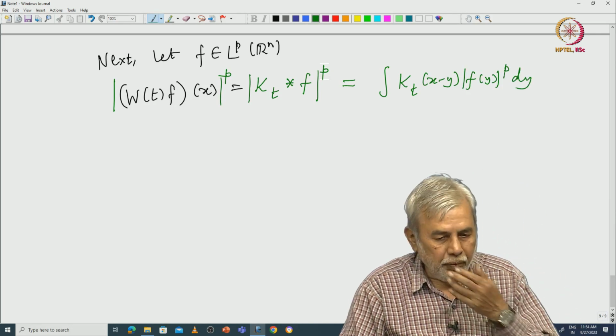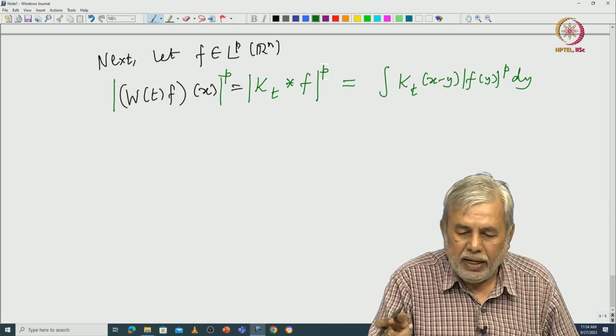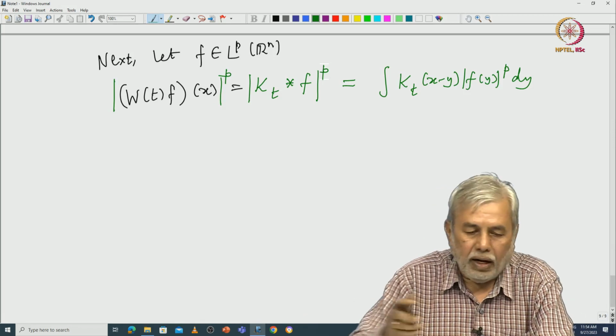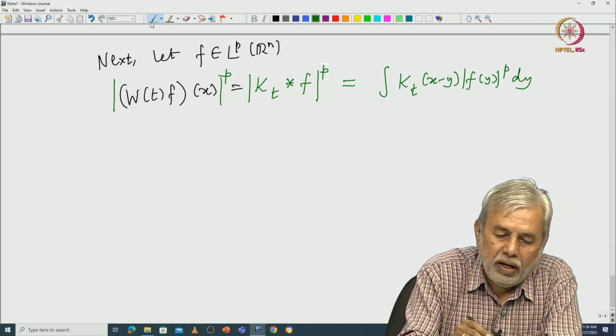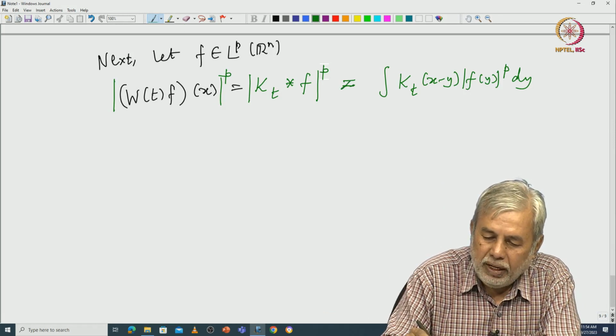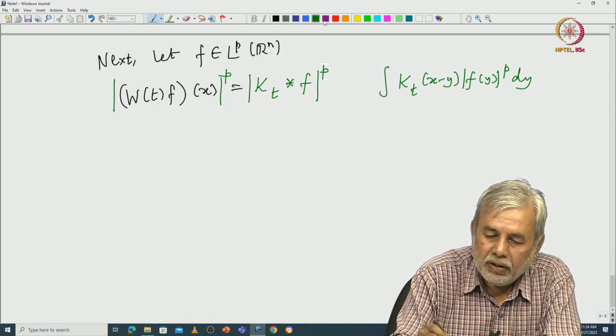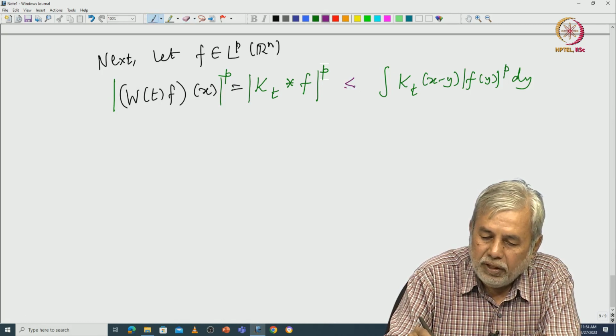Okay. So when p is equal to 1, this is almost immediate, and for p bigger than 1 you use Hölder's inequality. So this is less than or equal to.